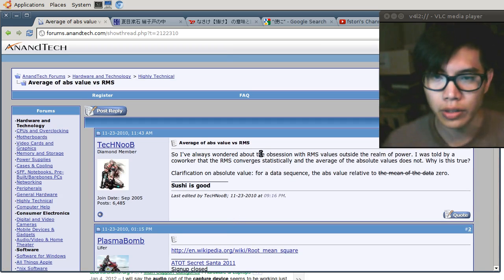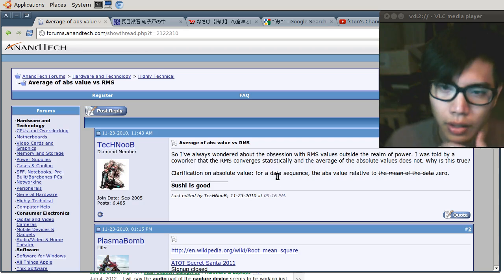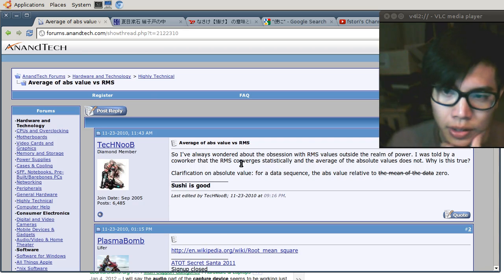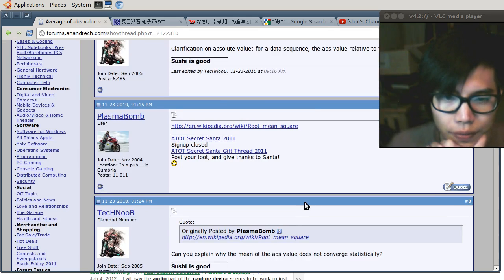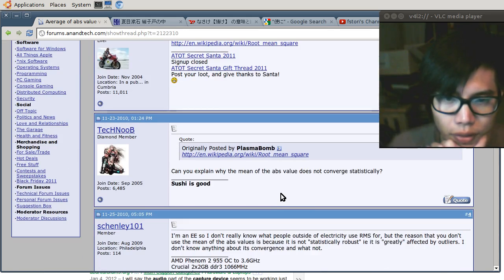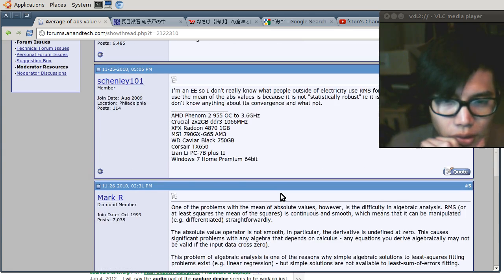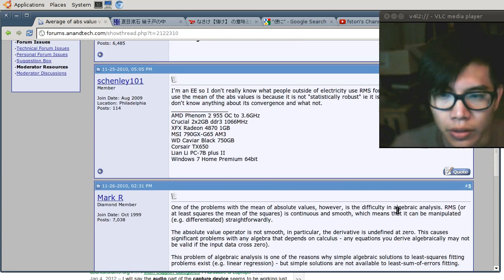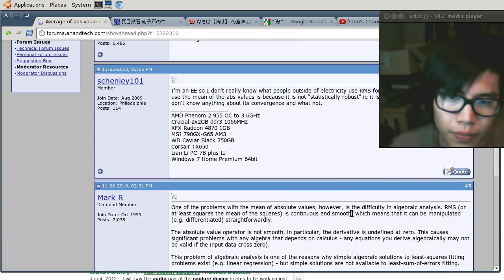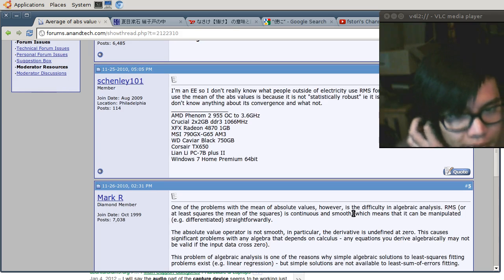RMS converges statistically, and absolute value of averages does not. One of the problems with the mean of absolute value is difficulty in algebraic analysis. RMS is continuous. Okay, yeah, that's what I suspected.